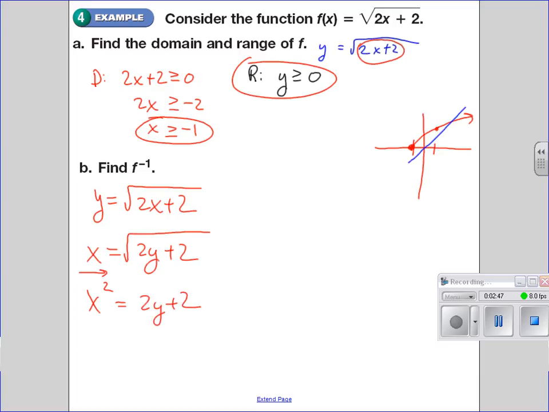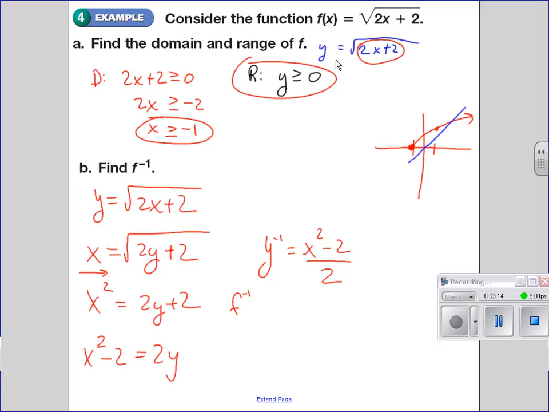Subtract 2 and divide, and I get y inverse equals x squared minus 2 over 2. Again, you might see the notation that way. You might see it written this way, and so forth. So now, what does that mean?